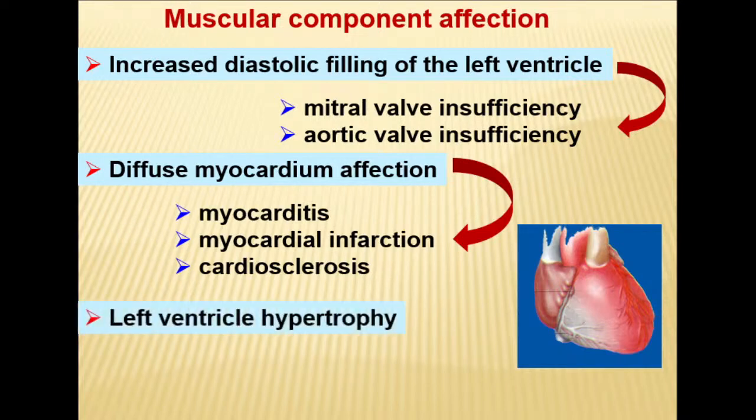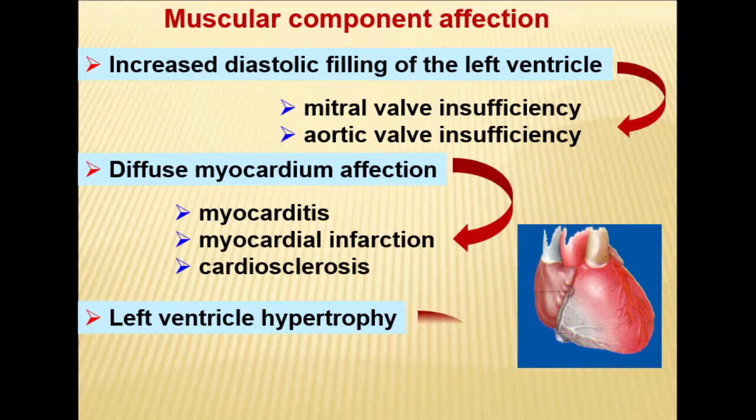Next problem is hypertrophy of the left ventricular muscle, which first of all appears as a compensatory response to intensified contractive ability. Later, it's decompensated due to dystrophic process because of inadequate coronary circulation in the hypertrophied muscles.